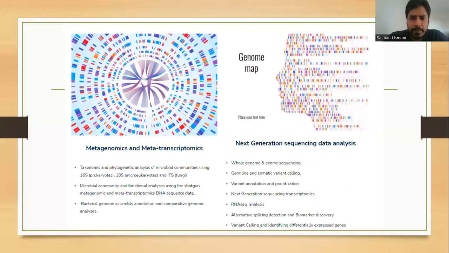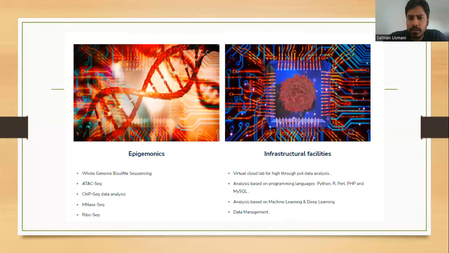Besides this, we also provide metagenomics and metatranscriptomics services as well as NGS data analysis. You could outsource it, or take a little bit of help, whatever you want. You just have to contact the organizers or the team of Decode Life.